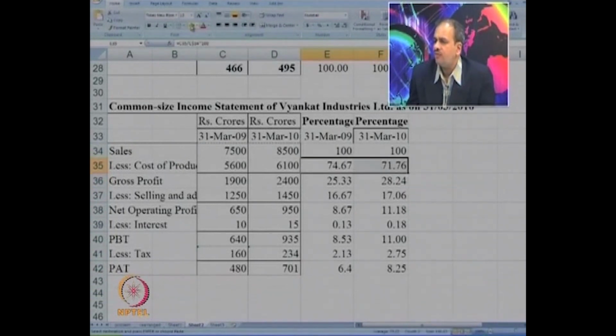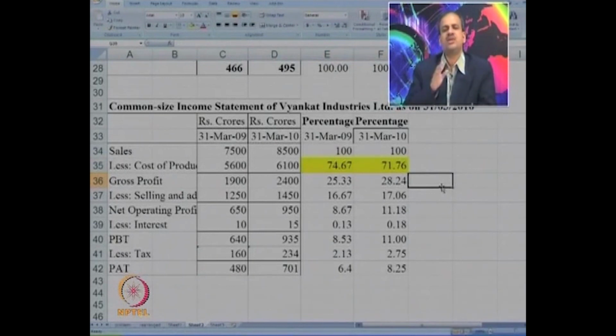It consists of about 75% in 09. Now, it has slightly come down, still it is 72%. So, this is one of the important costs for the company. Selling costs have remained constant, they are around 16 to 17%.